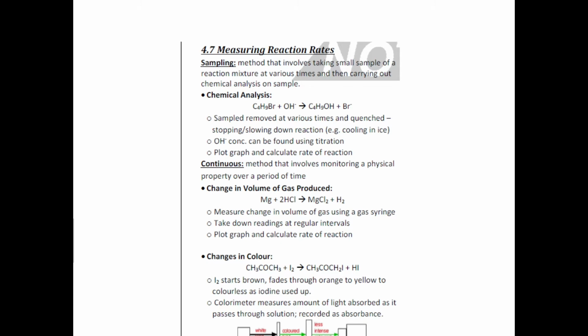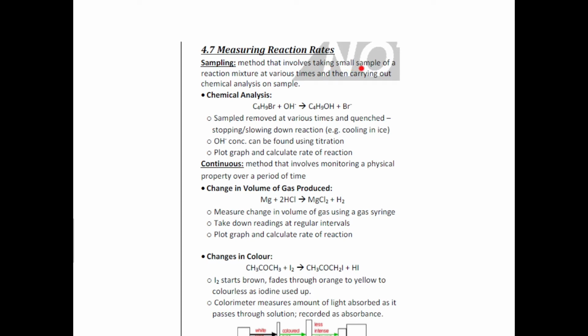You can measure the volume, or you can measure the rate by checking how fast the color changes. So that is one way. Or you can measure the rate by checking how fast the mass decreases or how fast the mass increases. That is another way also. There are so many ways to determine the rate. Okay, so now let's see the notes. Sampling.